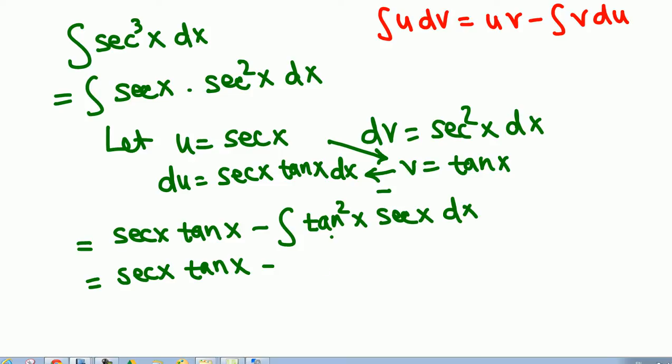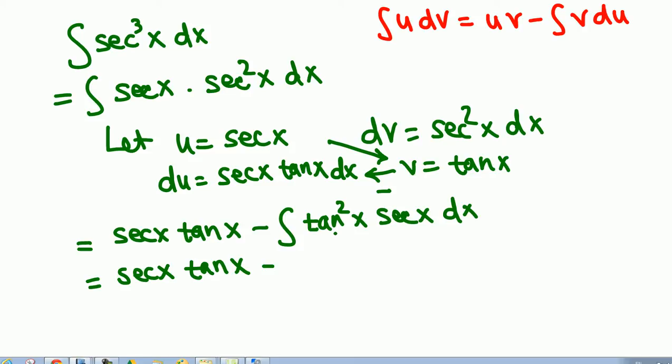Let me go one more time. For this integral, if we think tangent x is u, then the derivative of tangent is secant squared, but unfortunately we don't have secant squared, so this u substitution does not work. The only thing we can do is rewrite tangent squared.